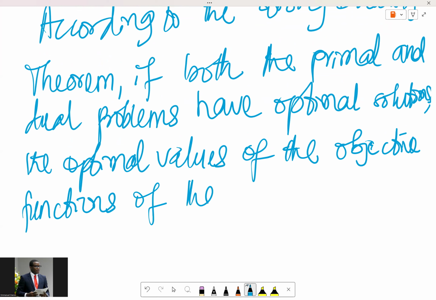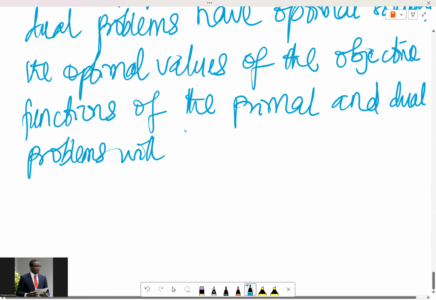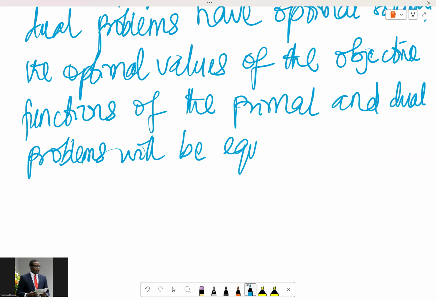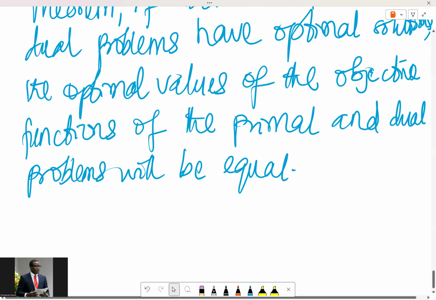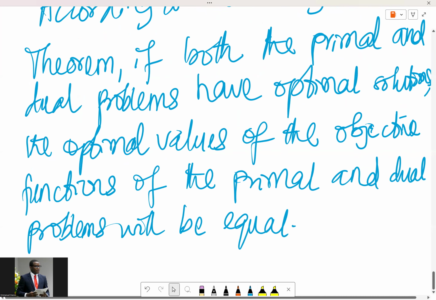So if you solve the primal and you get the values of x1 and x2, which are optimal, and you also solve the dual and you get y1 and y2, which are optimal, the values may not necessarily be the same.